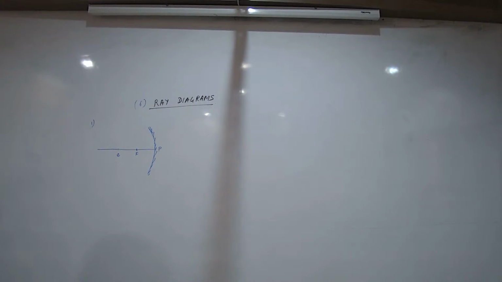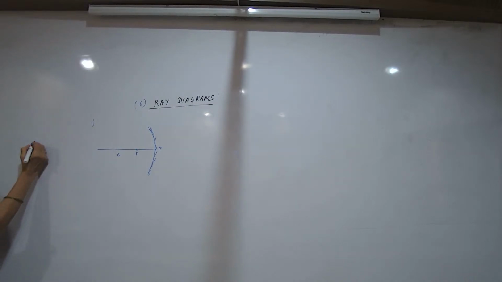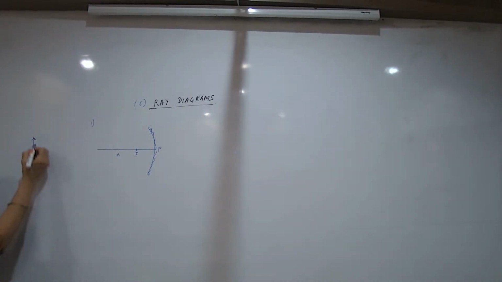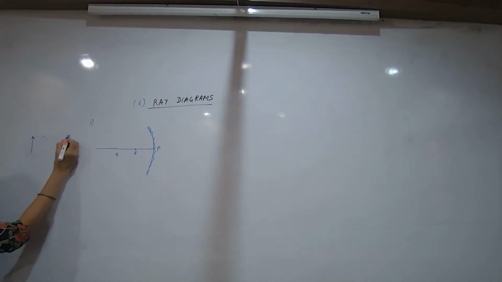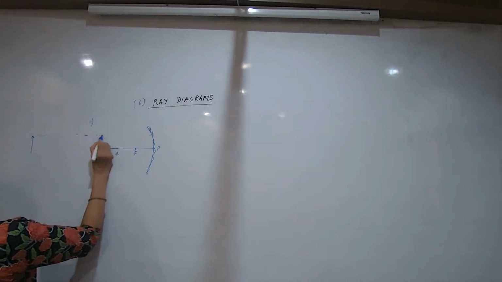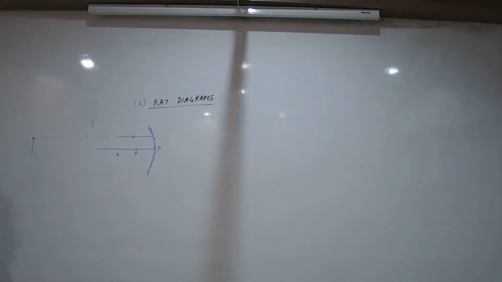It is passing through F. Did you see that? So we are going to draw it. Our image is very, very far. So I'm showing dotted lines because it's so far. Did you notice there are dotted lines in the diagram? Only when it is coming closer, I can show. I'm using a red pen to show.